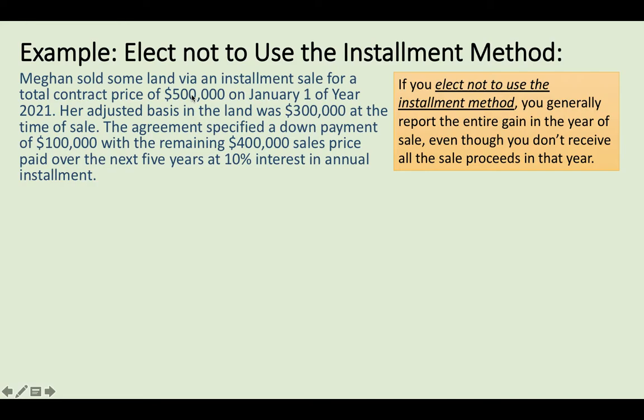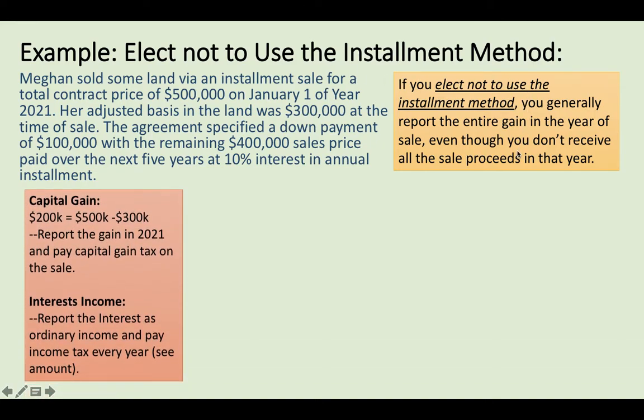You pay capital gain tax on the $200,000 gain, and you report it in the year 2021.